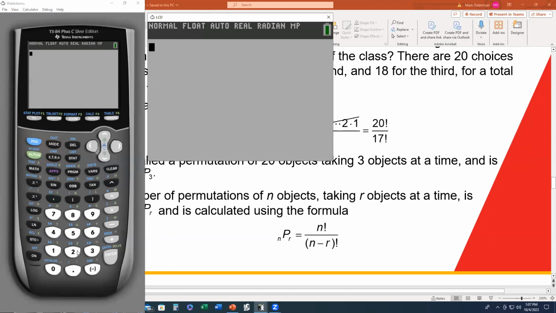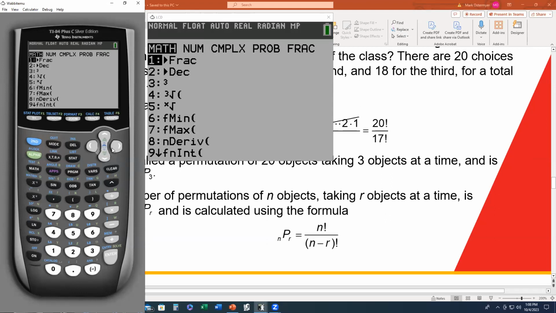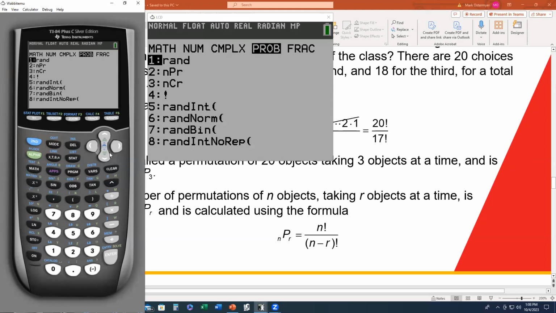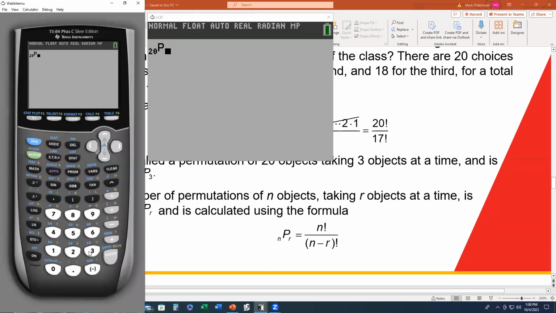First, we type in n, which is 20. Math, go over to probability, go down and grab the permutation function, nPr. And now you type in r, which is 3. Hit enter, and you get 6,840 different ways of choosing 3 students from 20 students in a particular order, where order does matter. Okay, that's called a permutation.